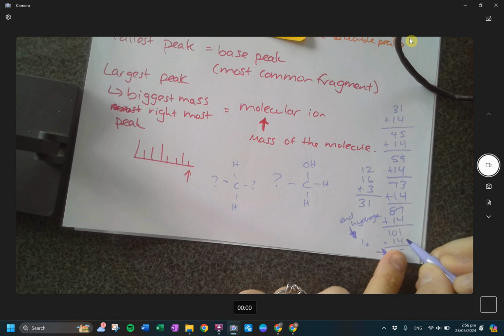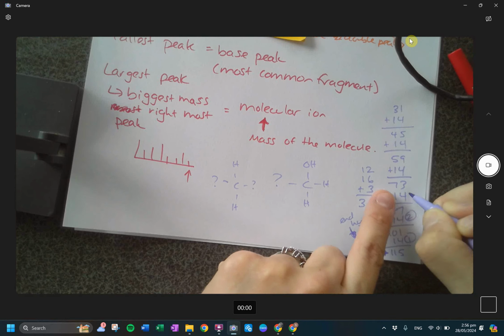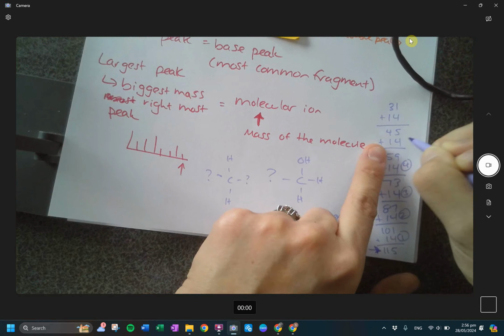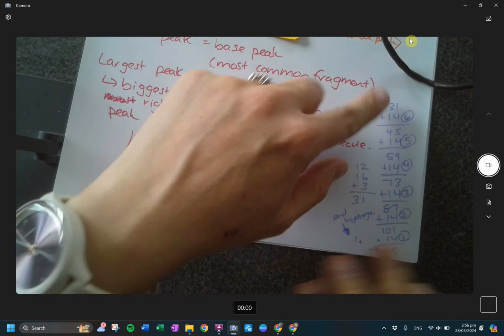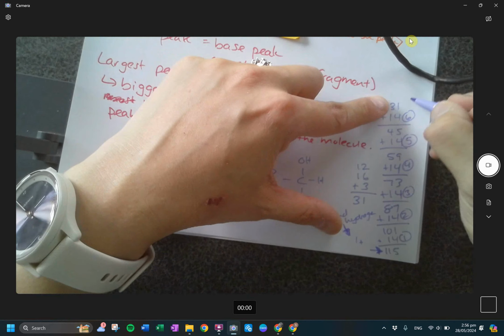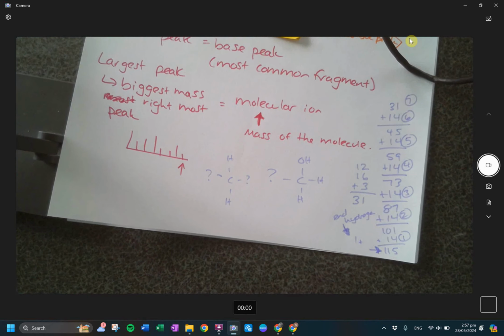So 1, 2, 3, 4, 5, 6, plus my original molecule over here, 7. So this molecule here has 7 carbons. Are we okay with that so far? So combining those two bits of information, I can make some guesses of what my organic molecule is. Basically, you have an organic molecule that's 7 carbons long with an alcohol.